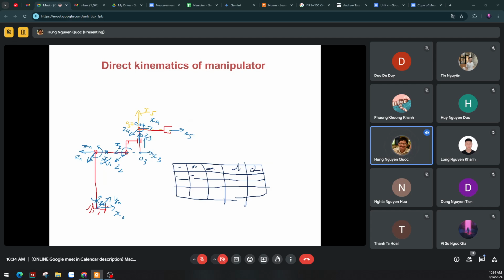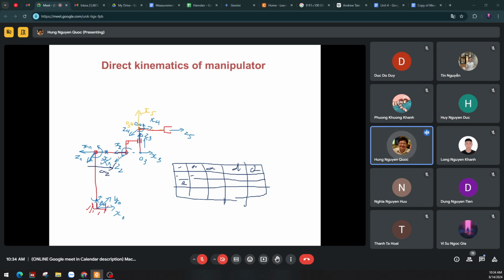What is A2? A2 is the distance between this one and this one, from here to here.